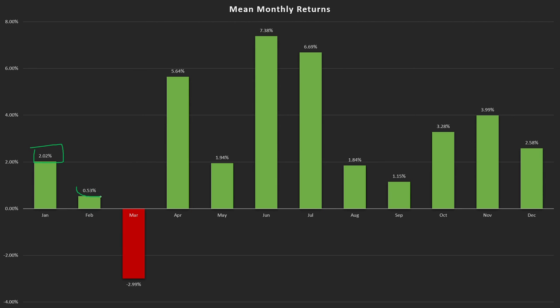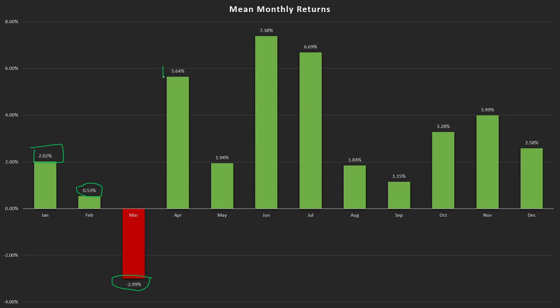February is almost flat with a positive 0.53%. March is not so good a month for this sector with an average return of around negative 3%. We have to consider the COVID crash as well in this, but still this month is not so good for this sector.